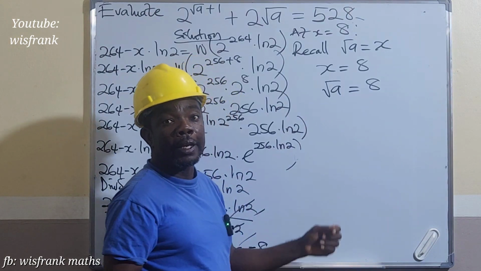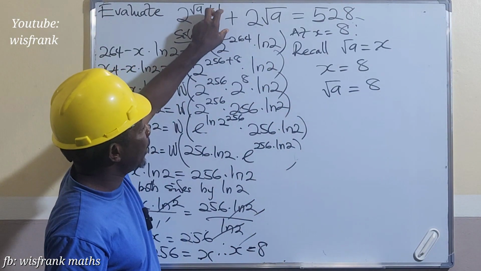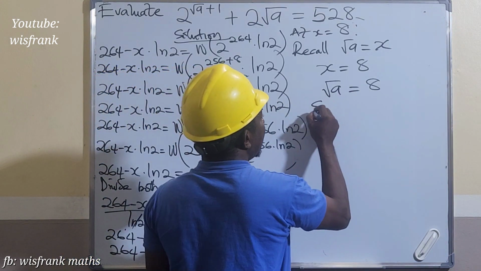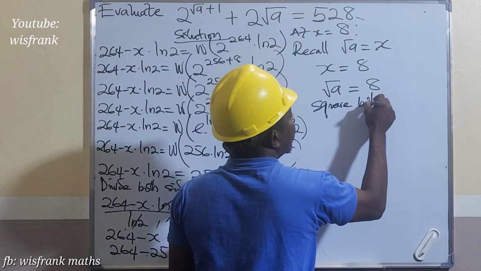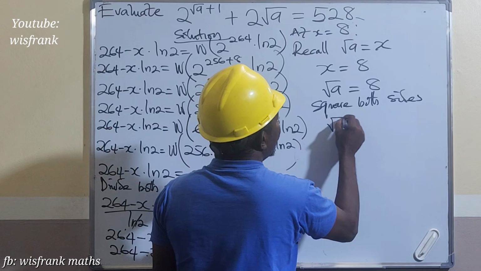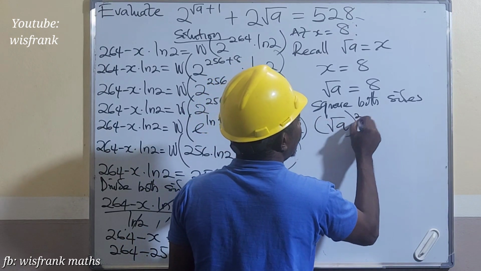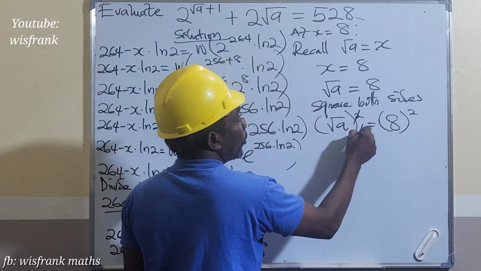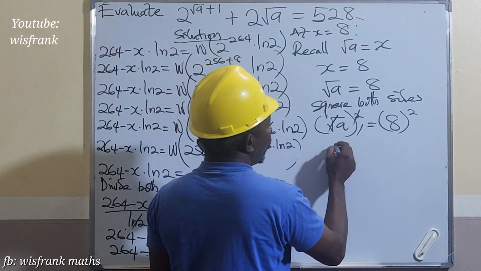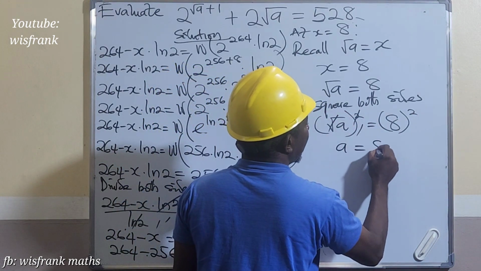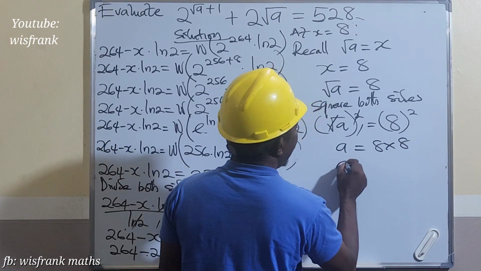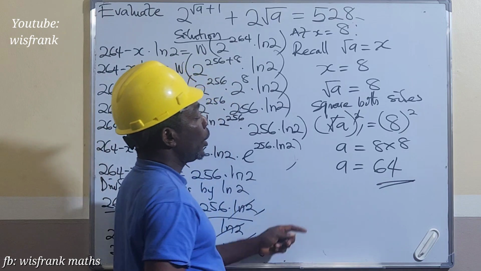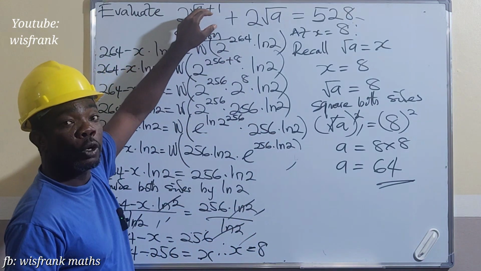We were asked to find the value of a in this equation. For us to find it, we need to square both sides. So root a all to the power of 2 equals 8 all to the power of 2. The 2 cancels the root. We have a equals 8 times 8, where a equals 64. So the value of our a equals 64 from this equation.